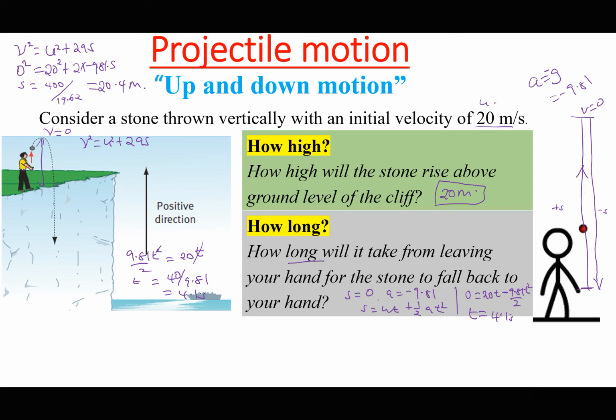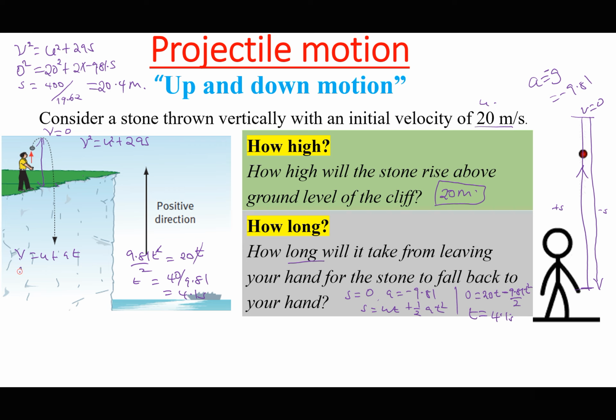By the way, there is another equation that we could use to find the same value of time. Which equation is that? I could still use v equals u plus at to get the time to reach the highest point, and then multiply this time by 2, because it travels the same distance upwards as downwards. As the velocity decreases going upwards, it increases at the same rate when coming downwards.